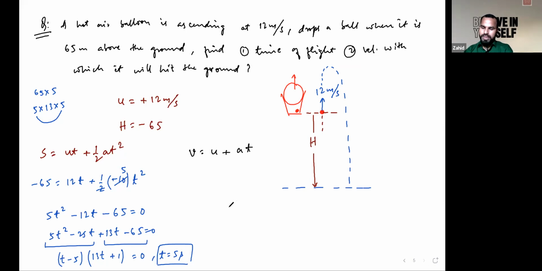Put the values of u, a, and t and simplify it.